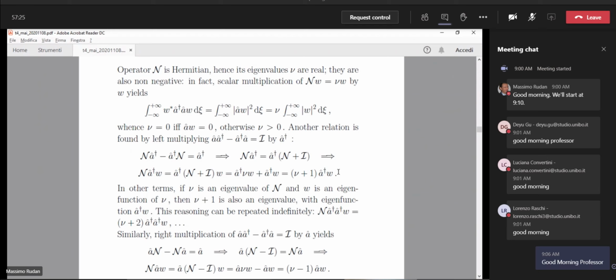So we have found another eigenfunction and another eigenvalue of the same operator. What we can do is, let's see what happens if we keep going. Instead of having N A dagger W, why don't we calculate N A dagger and A dagger again W?